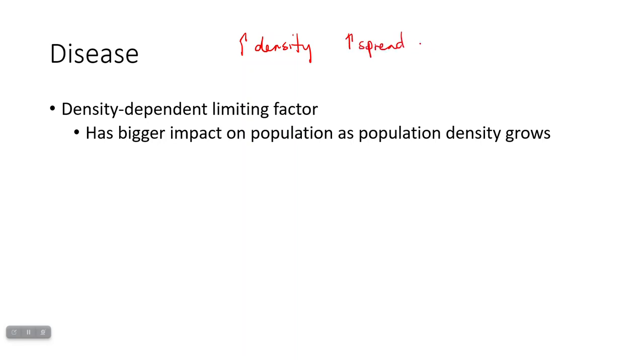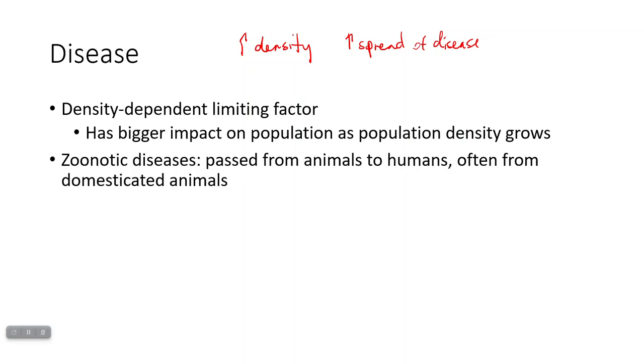And this is something that you'll see in animal populations as the population of a species gets denser or the population rises and it's packed in a smaller space. It's easier for disease to get spread from one individual to another. And humans tend to live in fairly dense populations, otherwise known as cities.